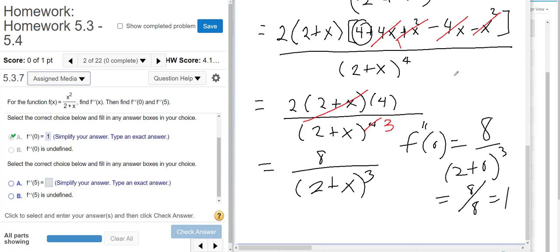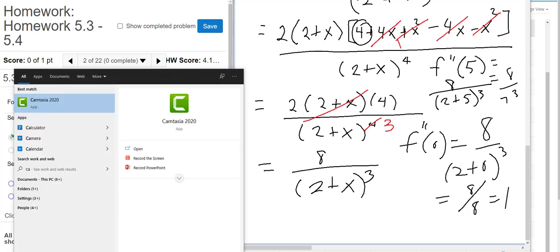And now I can find f double prime of 5, doing the same thing. Okay, that's going to be numerator 8 over 2 plus 5 cubed. That's 8 over 7 cubed.